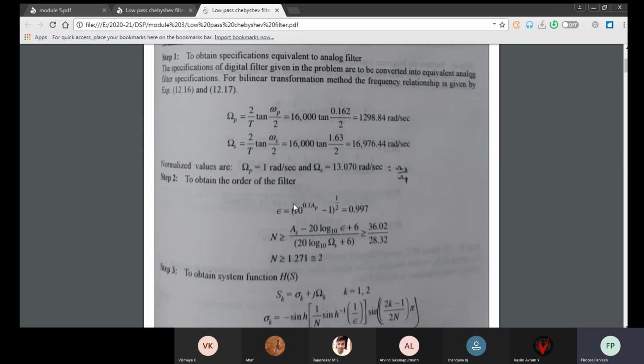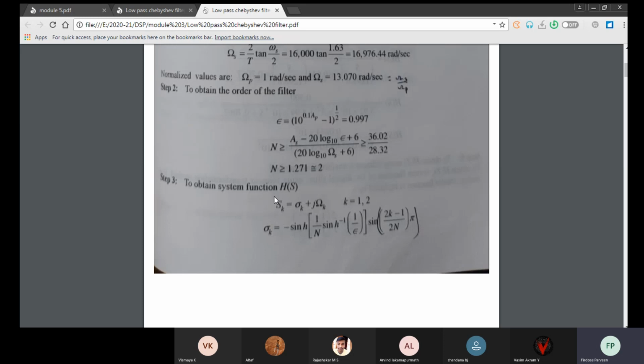Here epsilon is equal to (10 raised to 0.1 Ap minus 1) whole to the power of 1 by 2, that is equal to 0.997. Substitute this and you will get n greater than or equal to 1.271. Round it off to 2, and always take omega s equal to 13.070.